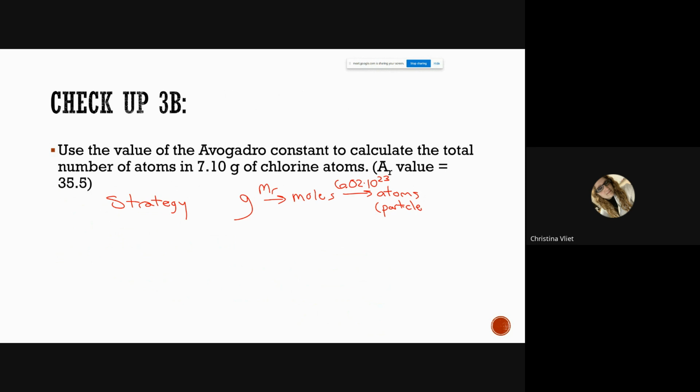So how are we going to do this? Now, how do we apply our strategy? We decided, or at least that's what I heard from the group, that we like this better instead of using dimensional analysis, right? So grams is what? 7.1. Molar mass of chlorine atoms?